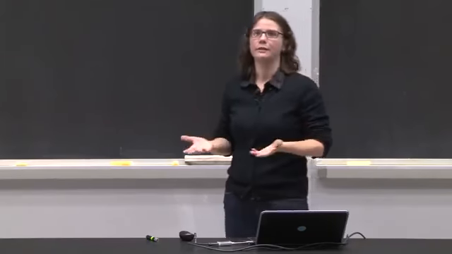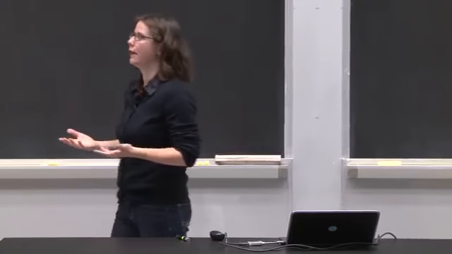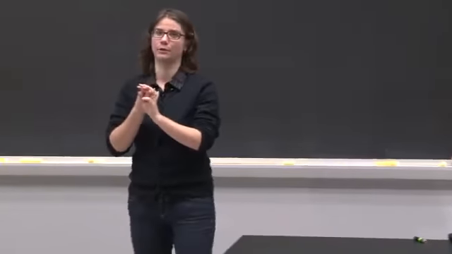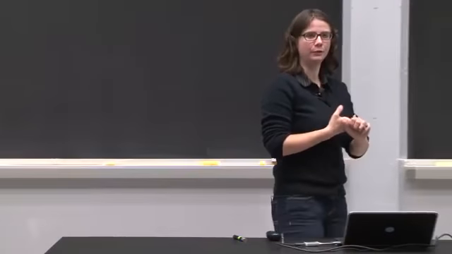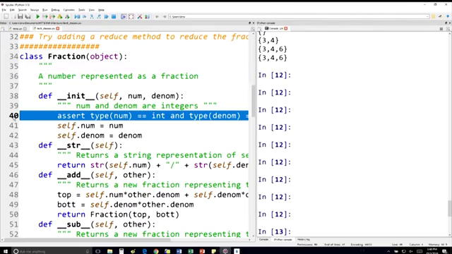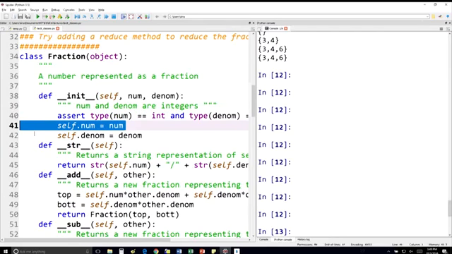The way I've decided to internally represent a fraction object is with two numbers. I've decided that I will not let them be floats. They have to be integers, hence the assert over here. So inside the init, I'm going to represent my fraction with two numbers, one for the numerator and one for the denominator.